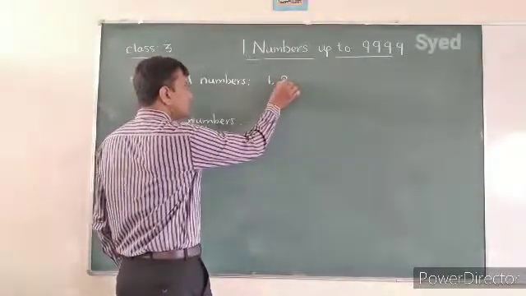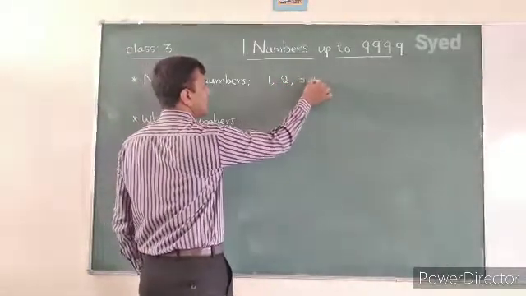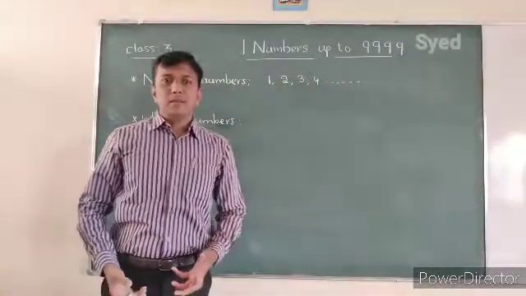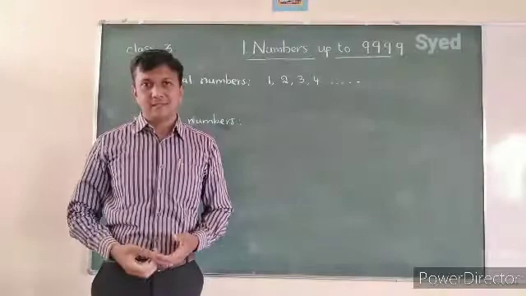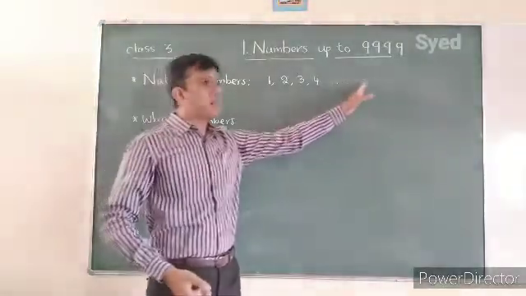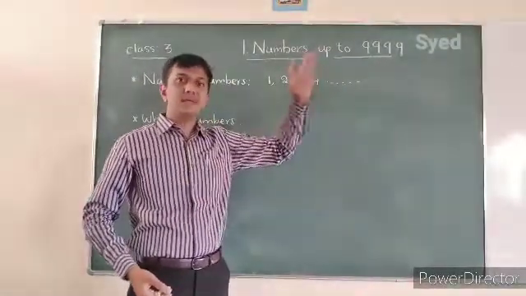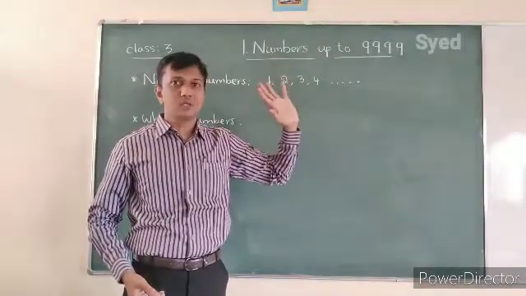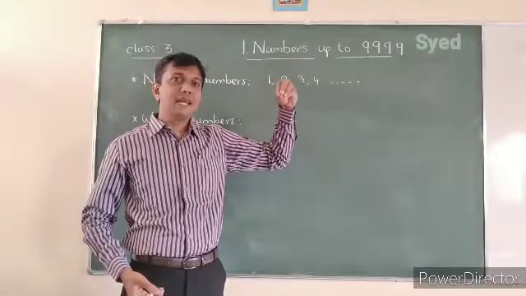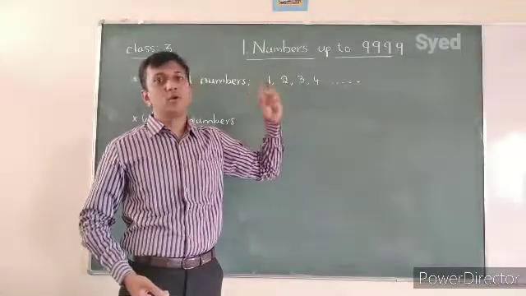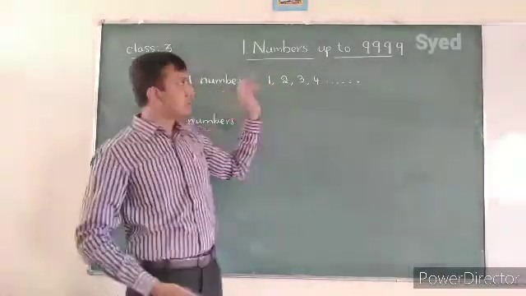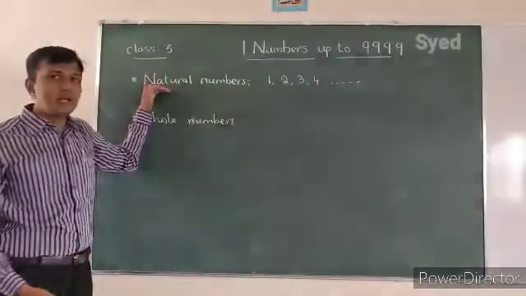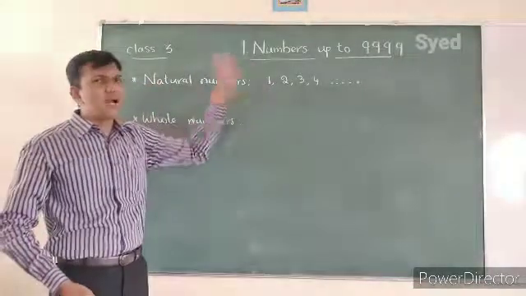Next, 2, 3, 4. When you start counting members or things, it will go on. Countless. Number of stars in the sky, countless, we cannot count. Number of leaves in a tree, countless, we cannot count. So 1, 2, 3, 4. That means natural numbers are nothing but all counting numbers.